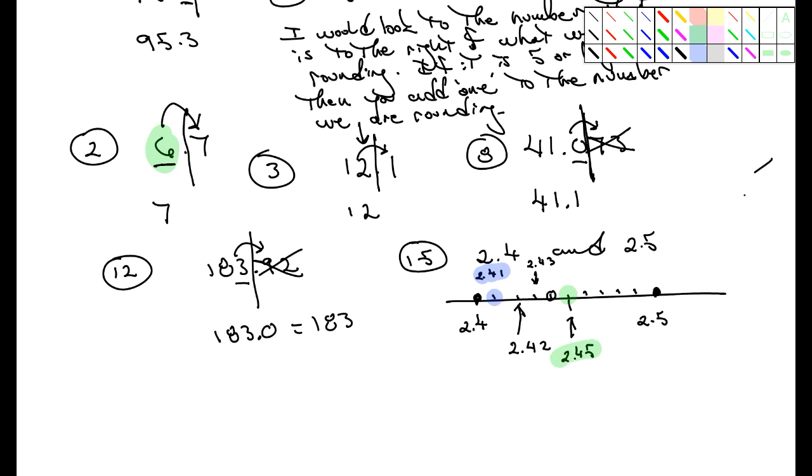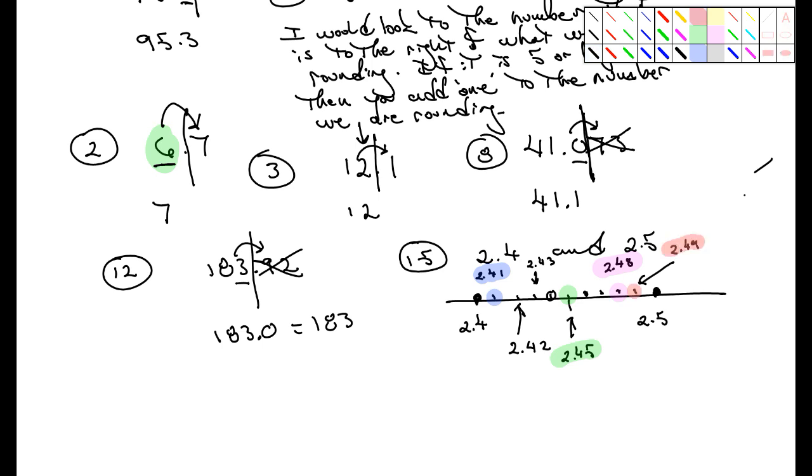Okay. 2.46, right here. 2.47, 2.48. This is 2.48 right there. Then finally 2.49. Draw a little arrow right there. Since I can't write that small, 2.49 would be right there, right next to it.